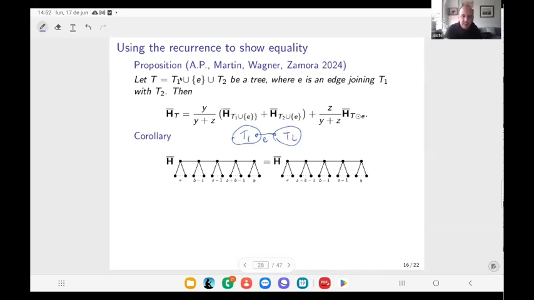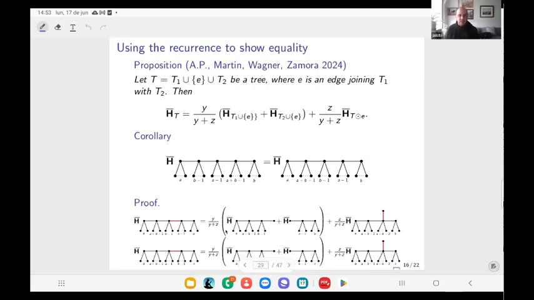I will use this proposition to show this corollary in an algebraic way. Hopefully it will then be easy to understand what the formula means. The formula is saying that this is going to be T1, this is my edge, and this is T2. So I will have T1 plus an edge, T2 plus an edge, and here I will have the near contraction.